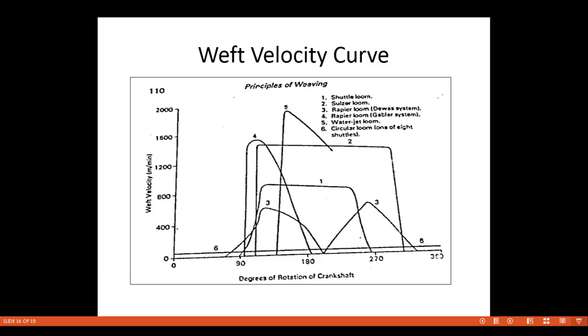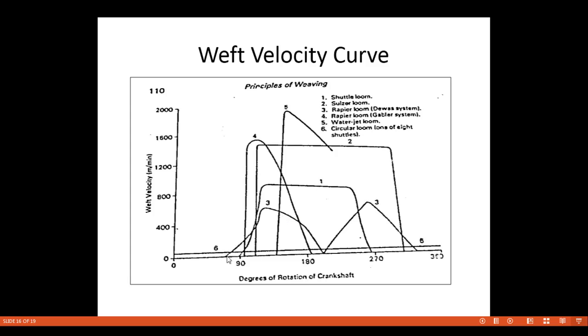We can see here the velocity is not simple harmonic motion but non-simple harmonic motion. This curve looks like two mountains, and below 800 meters per minute speed is there. See here how it is behaving.